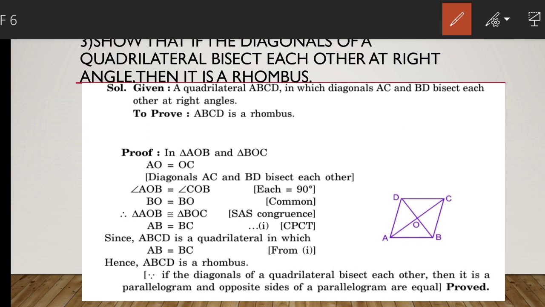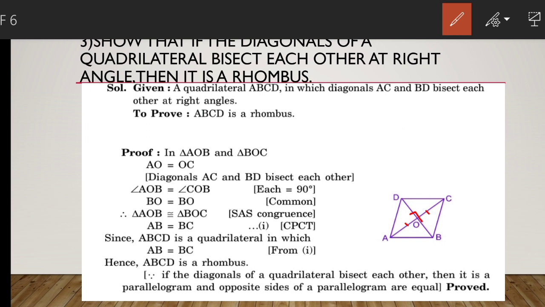In this quadrilateral, the diagonals bisect each other at 90 degrees. So AO is equal to OC, and the angle at O is 90 for all the sides. Now given is a quadrilateral ABCD in which diagonals AC and BD bisect each other at 90 degrees. So we need to prove that ABCD is a rhombus.